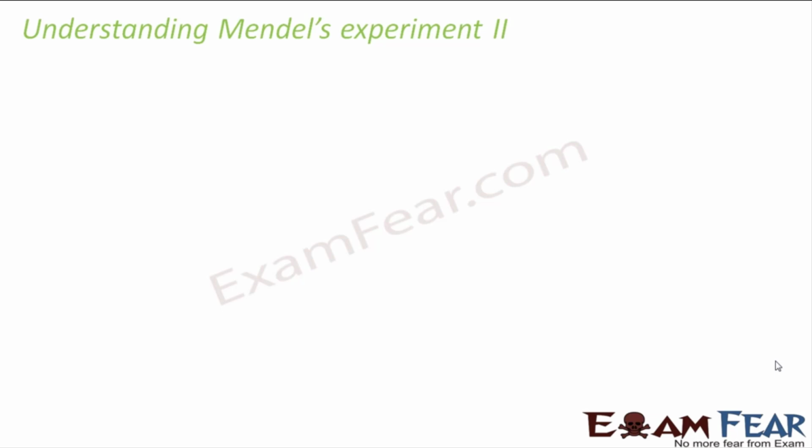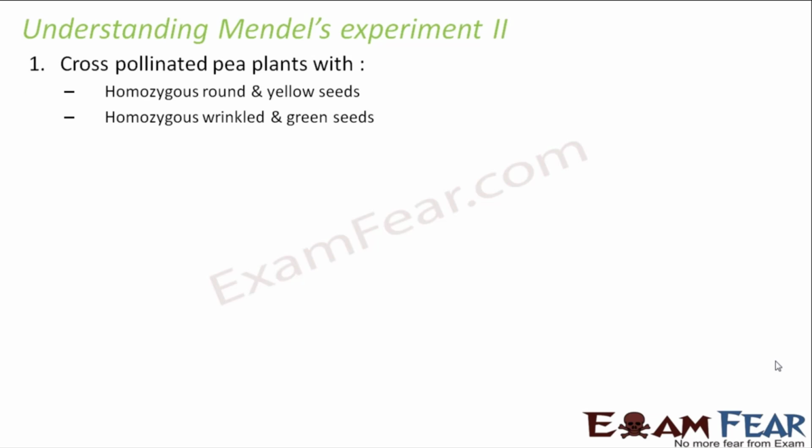Then he performed the same kind of experiment to see the result. He cross-pollinated plants with homozygous round and yellow seeds and homozygous wrinkled and green seeds. Round and wrinkled describe the shape of the seed. Yellow and green describe the color of the seed.